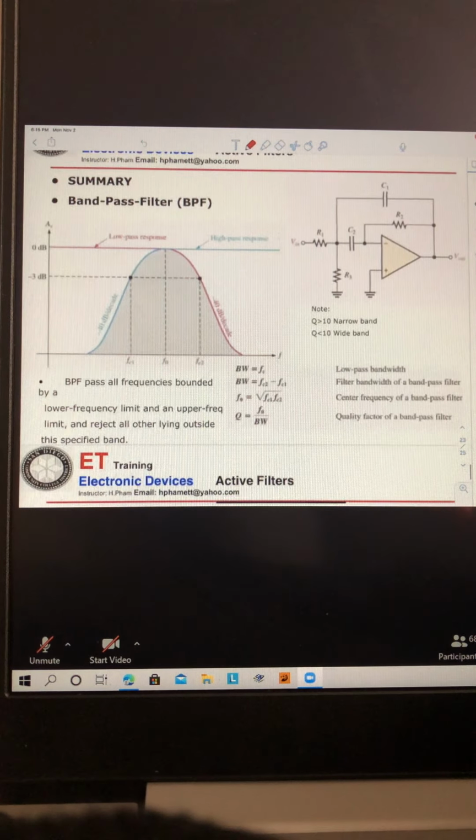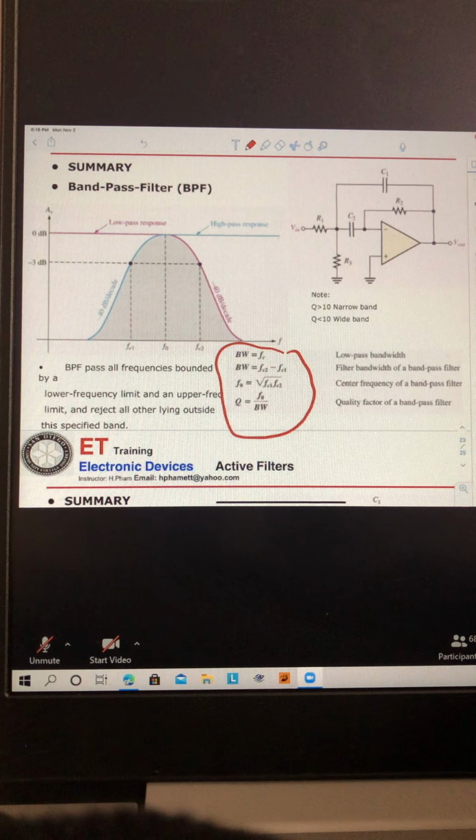And you can use F0. What's the name for F0 here? Center frequency. Yeah, you can say center frequency. FC1 is the lower cutoff, FC2 is the higher cutoff.